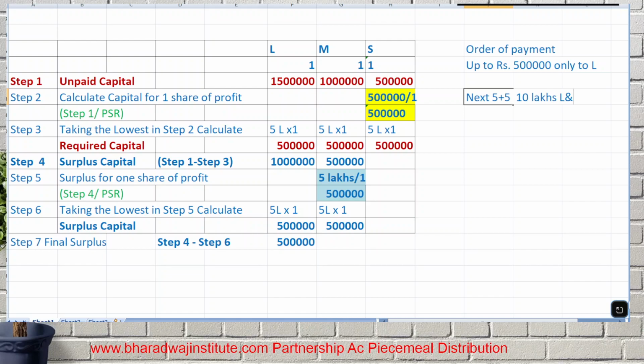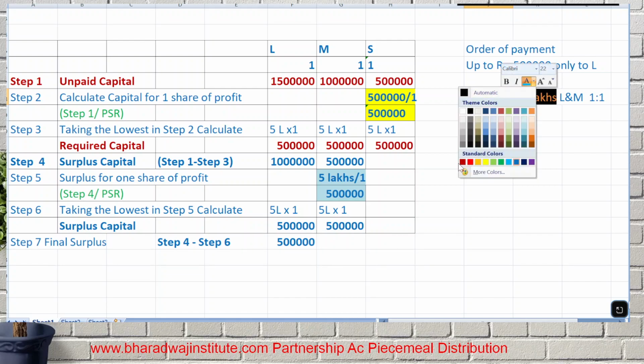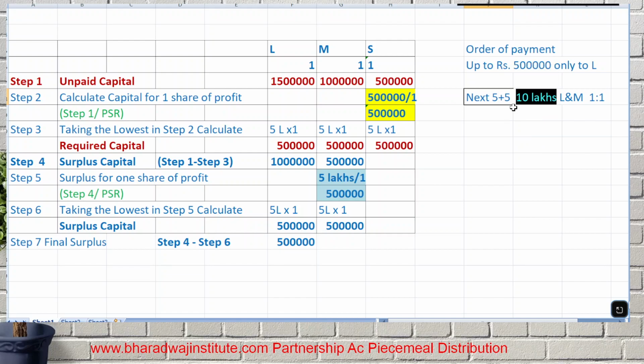L and M, in which ratio? The profit sharing ratio, which is 1:1. So the next 10 lakhs is paid to L and M. First 5 lakhs only to L. Any balance in the profit sharing ratio.